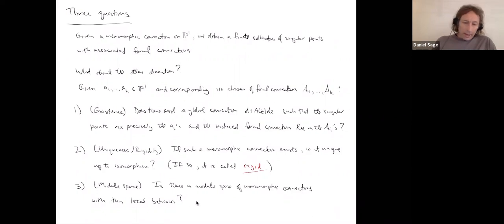And now you might actually be wondering why I've phrased these three questions in this way. In some sense, you might be saying, well, isn't the question, is there a moduli space? And then one can ask, is that moduli space non-empty, or is that moduli space a singleton?